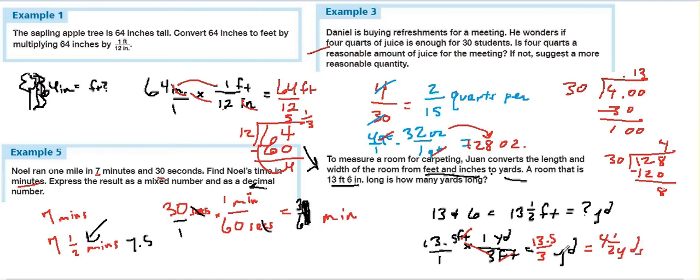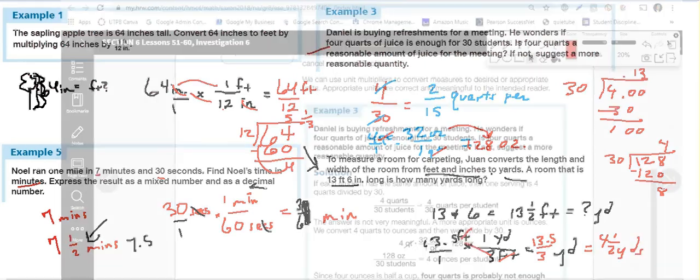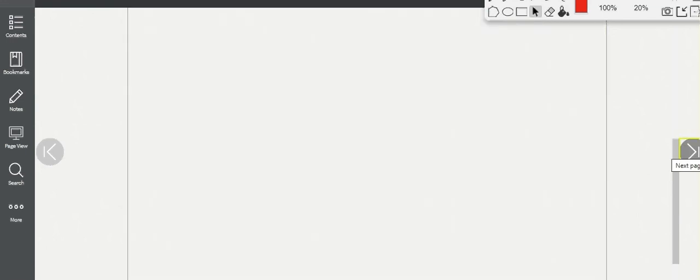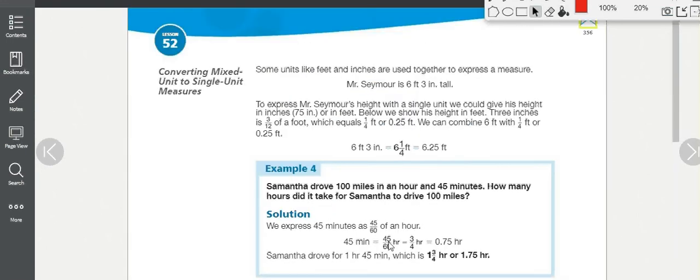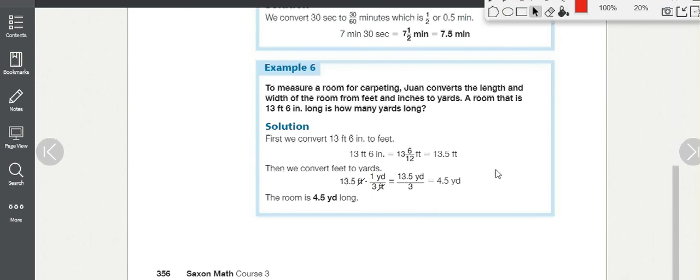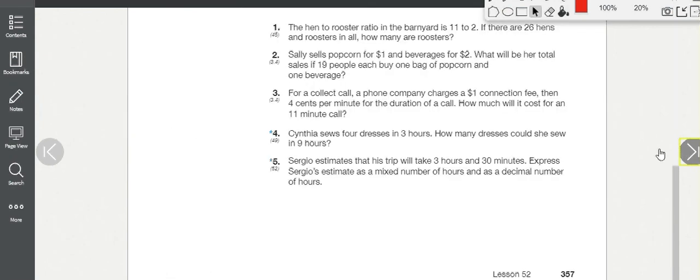Let's see how I did. I think that's example 6. And they might have solved it a little differently, but there they have that answer.